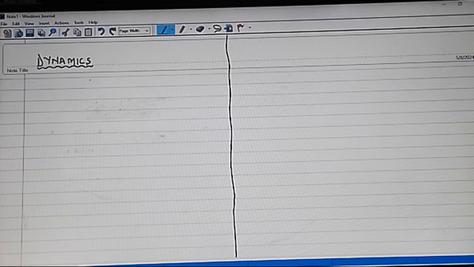What causes motion? So we would say that dynamics is actually an area of mechanics that deals with the effect of forces on the motion of objects. Or we can say that dynamics is actually an area that studies what causes motion. I'll go with that simple definition.